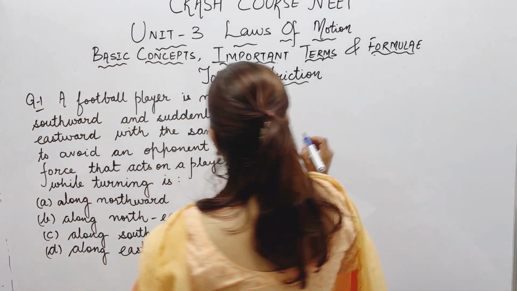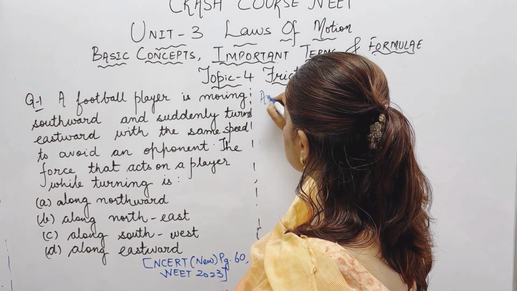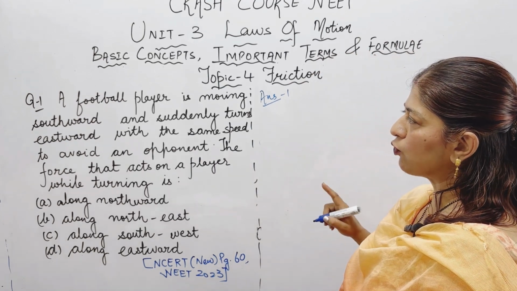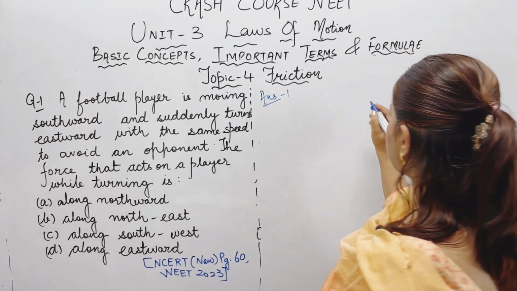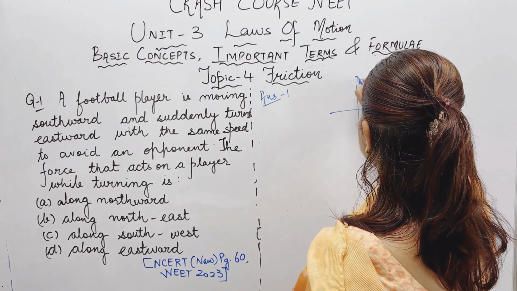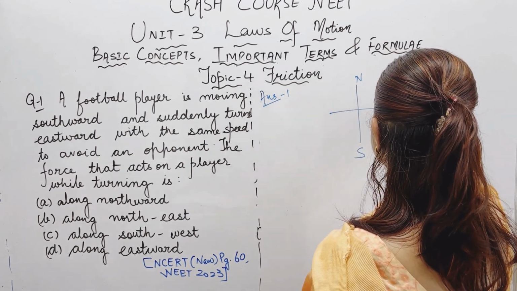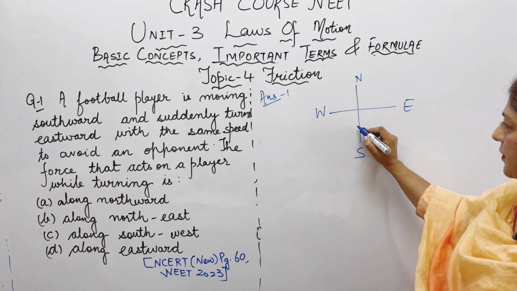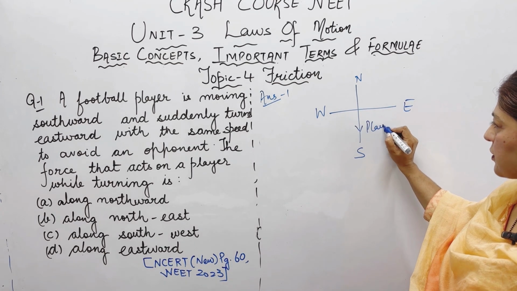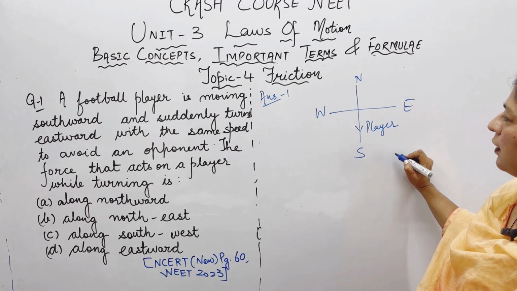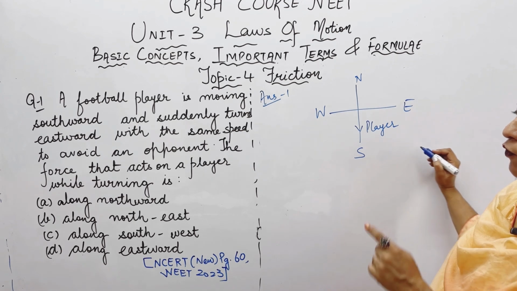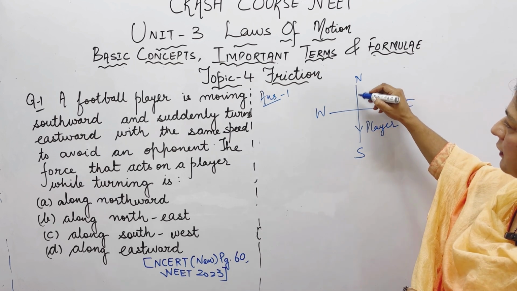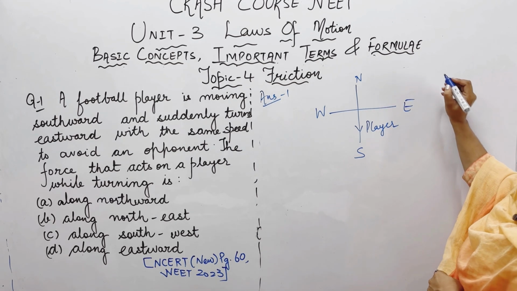So here we see this question in which the football player is moving in the southward direction. So these are the directions: this is the north, south, this is the east, and this one is the west. So the player is in the southward direction. At this moment, the force will be in the opposite direction because of friction, that will be towards north.